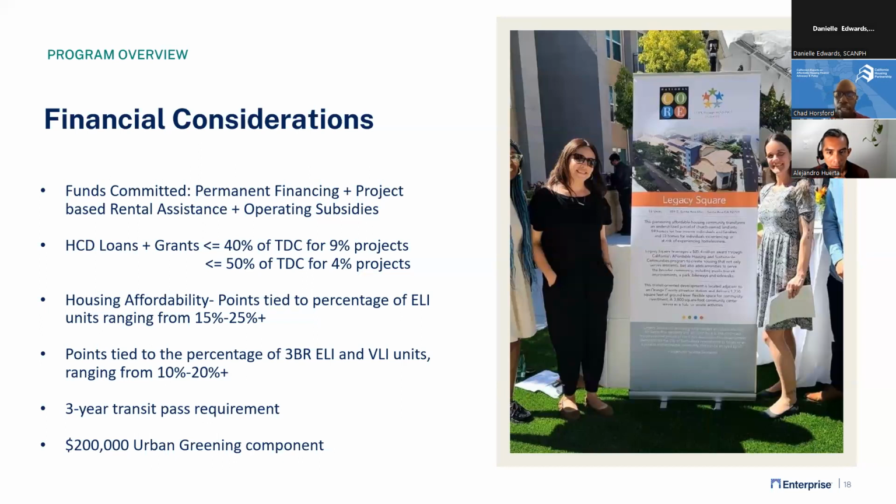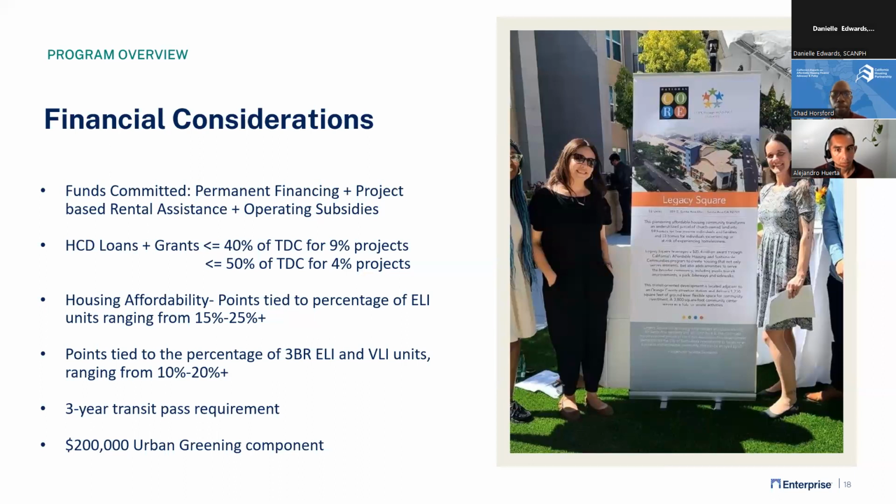I highlight this because if you have a project that you have not been looking at for AHSC purposes, for TCAC and CDLAC purposes, you only need a minimum of 10% at 30% AMI. And therefore, in order to gain housing affordability points, you may have to think a bit about whether to increase the percent of ELI units in your development. That'll be something that as a developer, you'll want to sit with for a bit.